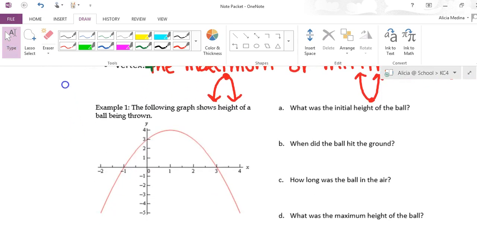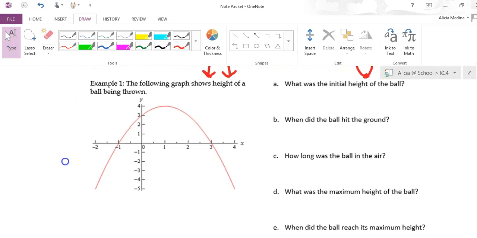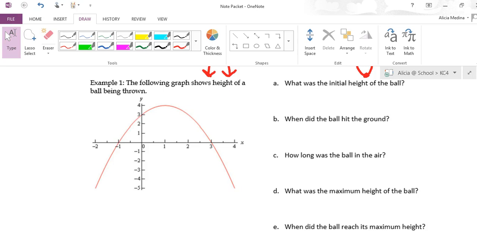All right, so let's look at our first example here. Example 1: the following graph shows the height of a ball being thrown. The first question says, what is the initial height? The initial height is our y-intercept. And where is our y-intercept? Right here.